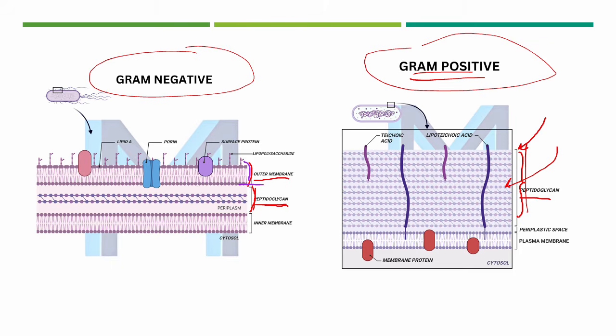Now in gram negative, it's going to turn either pink or reddish. And this is indeed due to the peptidoglycan layer. Because it's thin, it cannot retain the crystal violet stain.